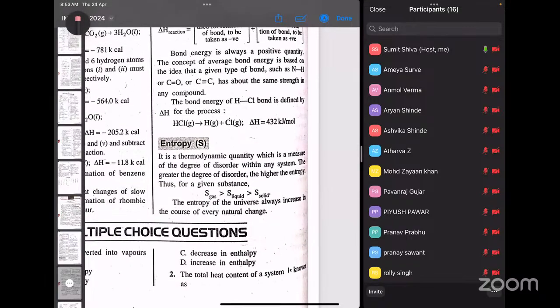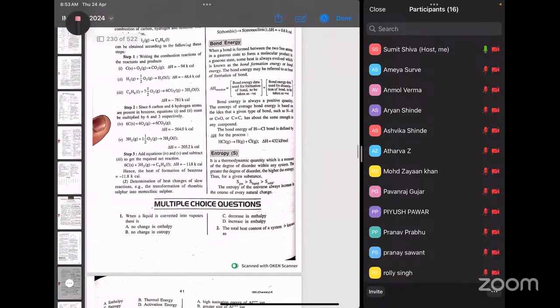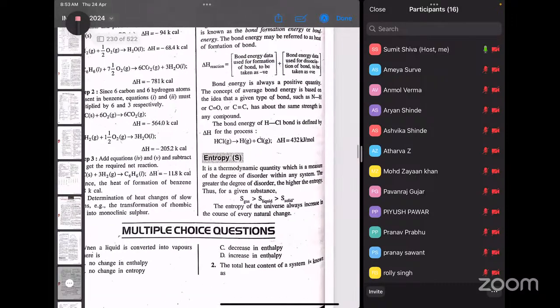Next point is entropy. What is entropy? Entropy is a thermodynamic quantity which is used to measure the degree of disorderness. Greater the disorder, greater will be the entropy. So degree of disorder is given by entropy.